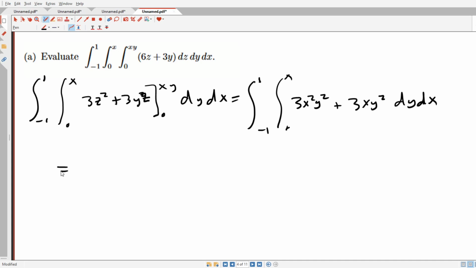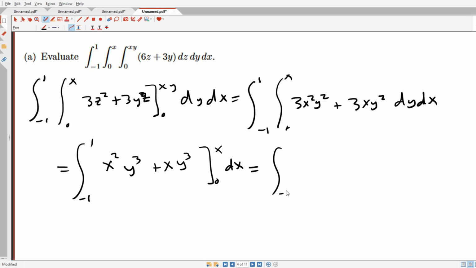I'll just integrate this. Integrating with respect to y, I get x squared y cubed over 3, the 3's cancel out, plus x y cubed, again the 3's cancel out, from 0 to x, dx, -1 to 1. Plug the x's in, and I get x to the 5th minus x to the 4th, dx.